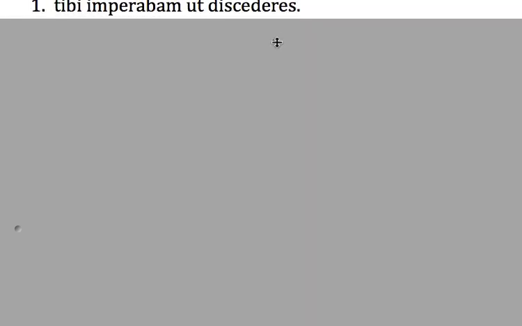So we're going to get a few sentences to work with here. We start with tibi imperabam ut discateres. Hopefully we immediately recognize that there are two main verbs in this sentence, and maybe we'll even recognize that the second of those two verbs is a subjunctive verb.